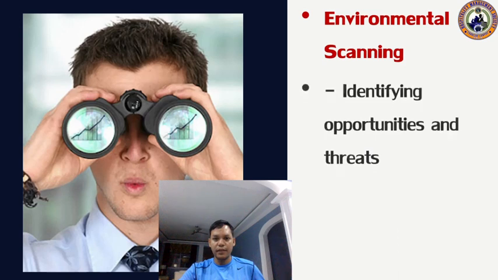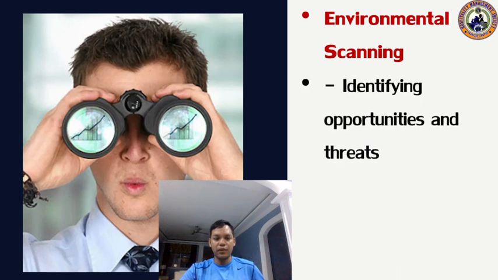And again, the importance of this environmental scanning is to identify the opportunities and threats.